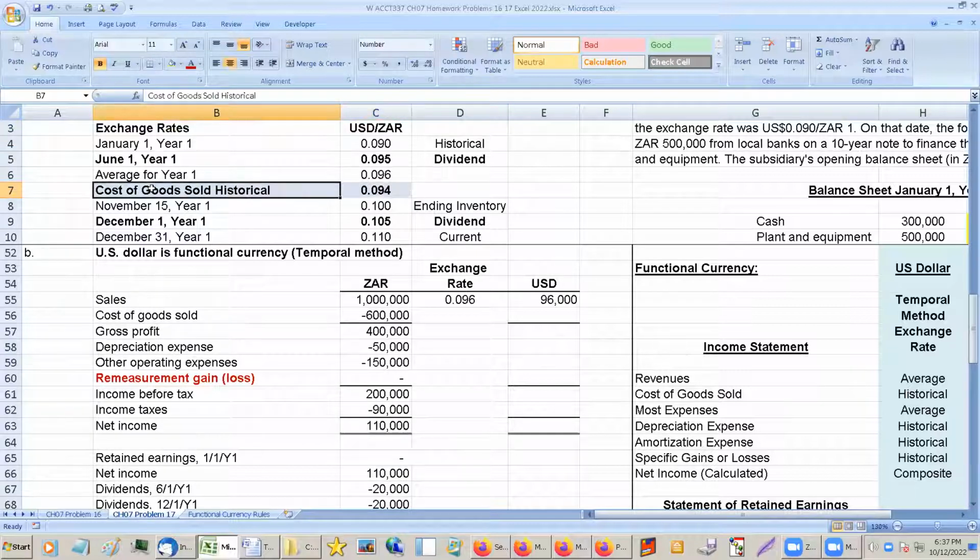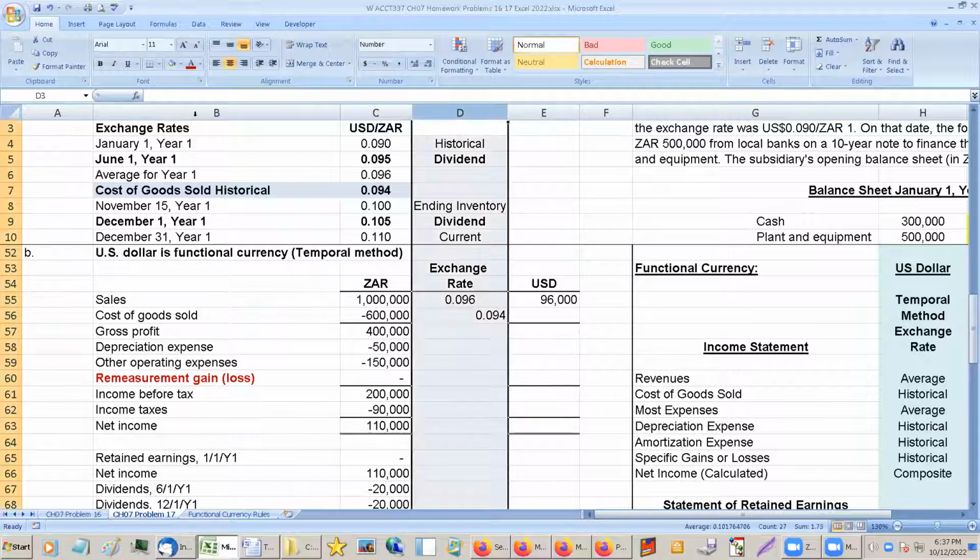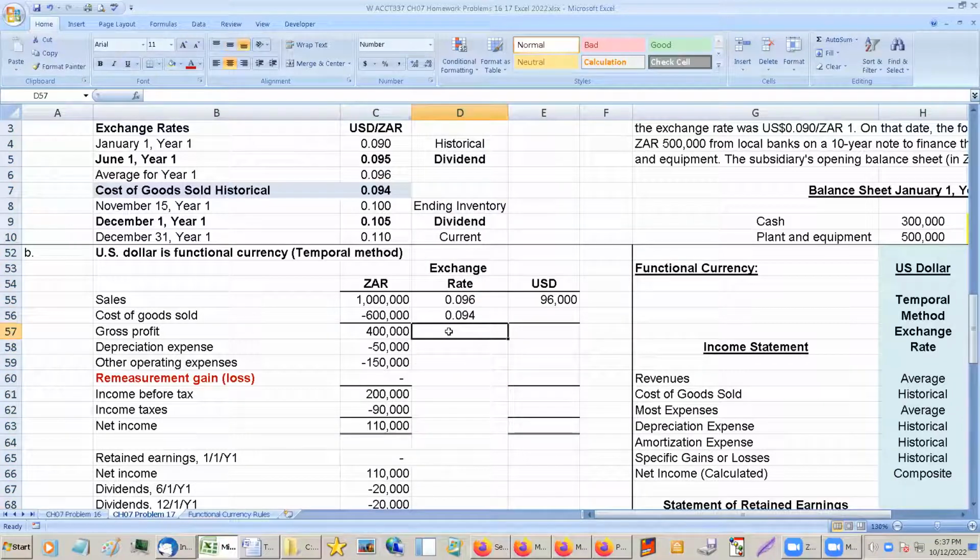For the cost of goods sold, the historical rate is 0.094. Sorry about that, it's some weird formatting thing I did. Okay.